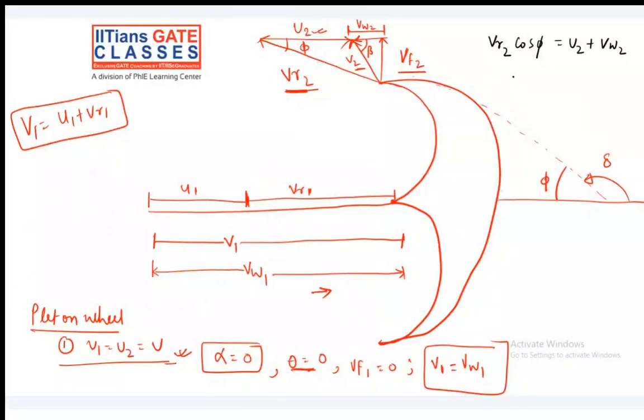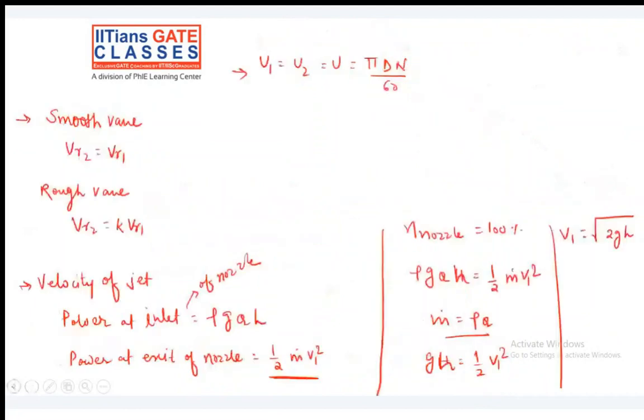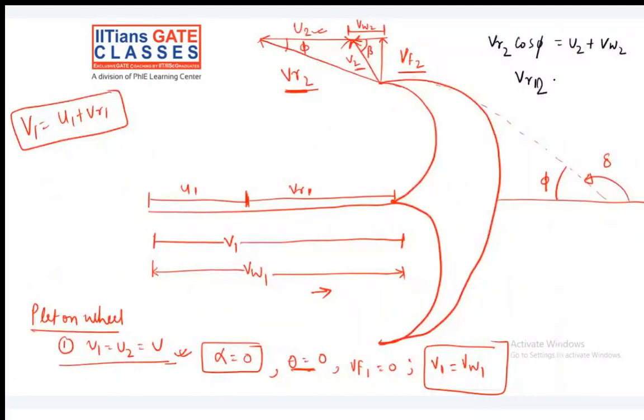And one more thing is that VR2 is K times VR1 if the vane is not smooth. And can I write down this one, K into VR1, is what? V1 minus U1. V1 minus U1.